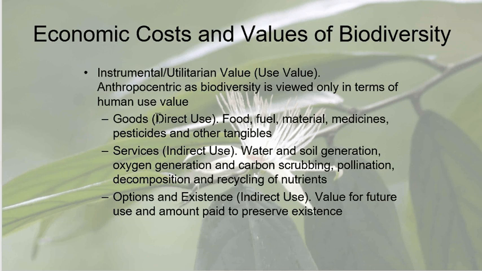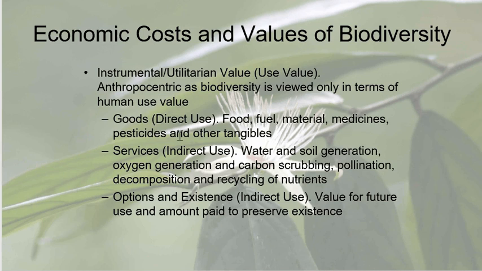And we can divide up use value into direct use values and indirect use values. Direct use values are things which are tangible, which can be touched, which can be sold at a market. Things like the foods, for instance, quenk, fuel like coals, wood or just firewood, materials for building, medicines, pesticides, and other things which you can harvest, touch, and sell at a market.